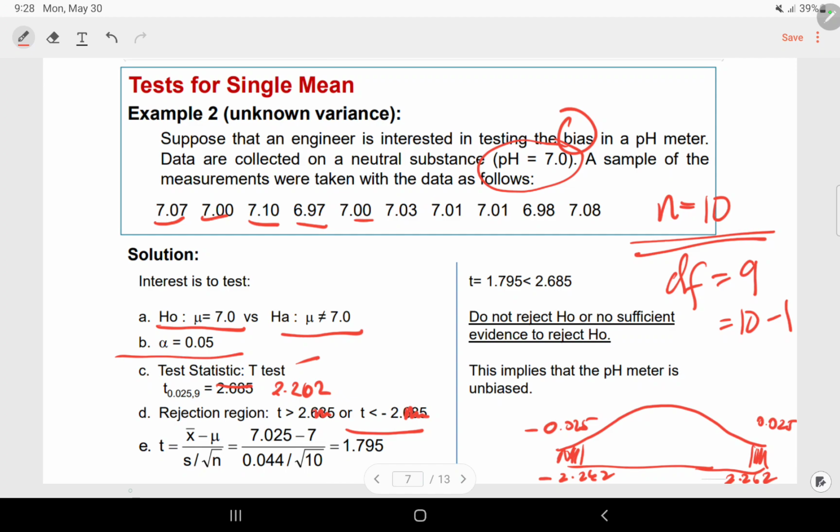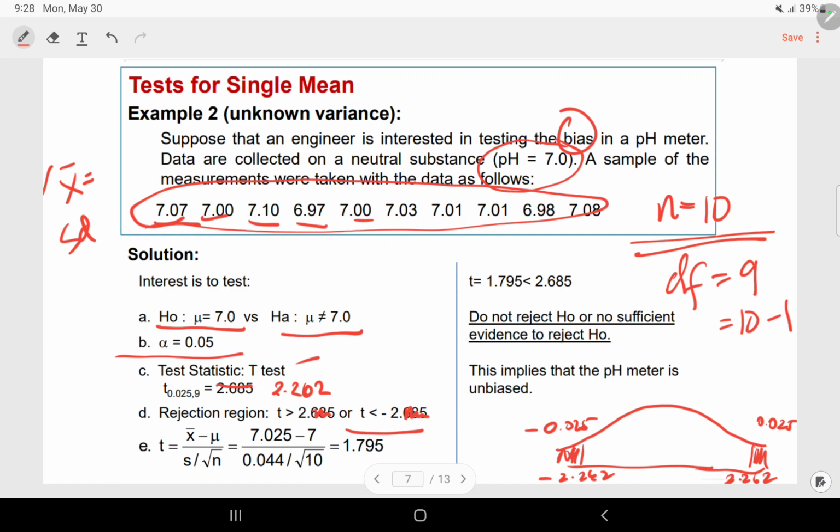So, we will compute now. Itong 10 natin, kukumputin natin ang mean at saka yung ating standard deviation. So, upon computation, ang ating sample mean ay magiging 7.025. Minus the population mean 7 divided by the standard deviation 0.044 divided by square root of 10.